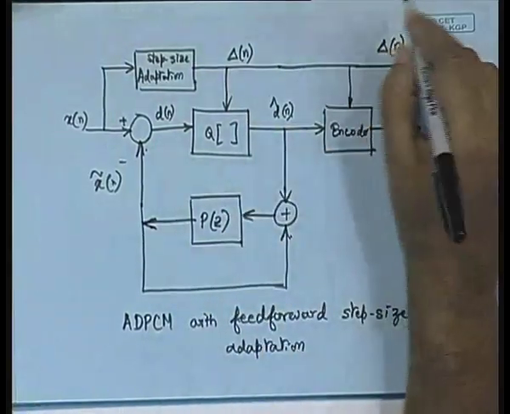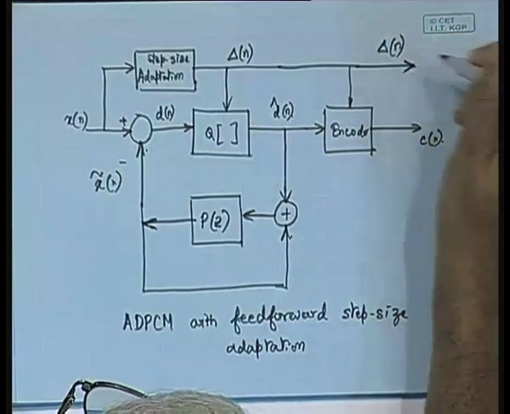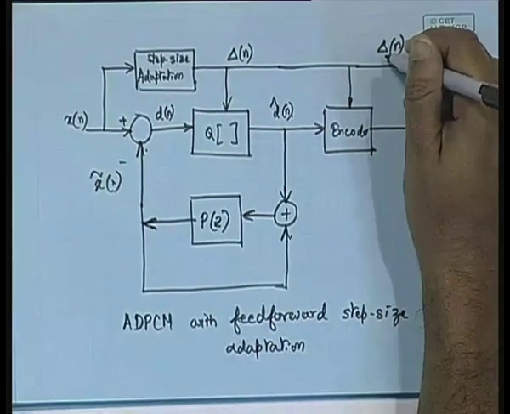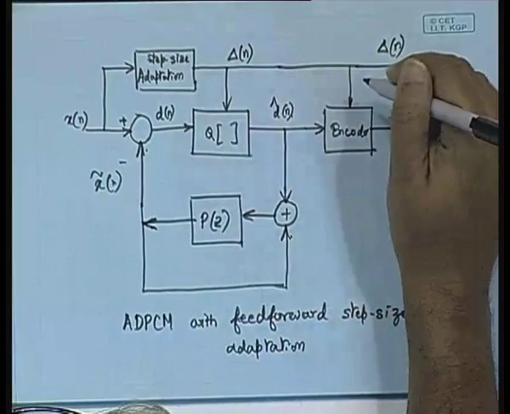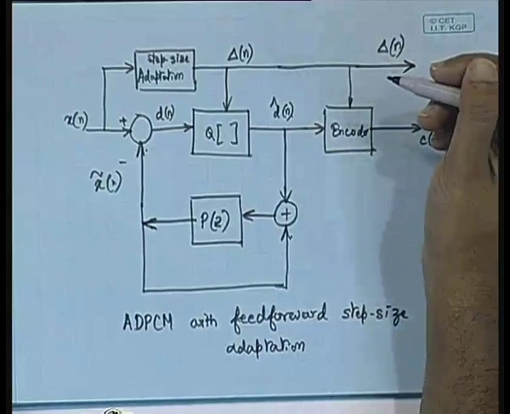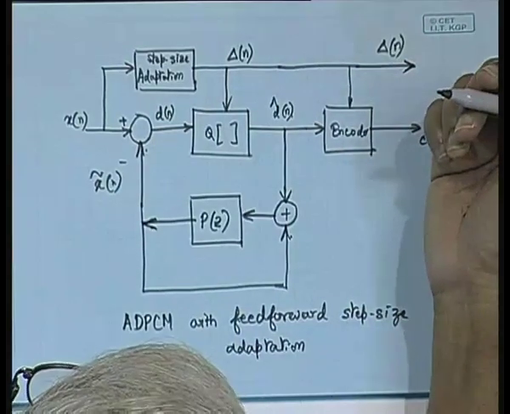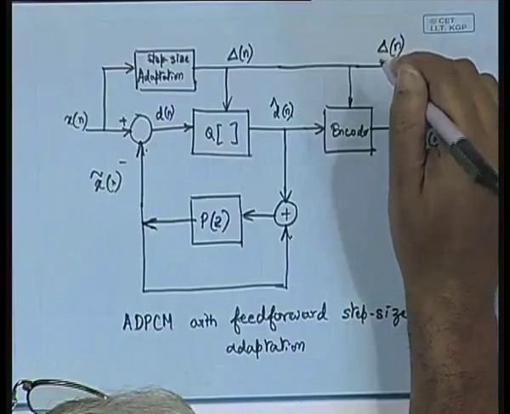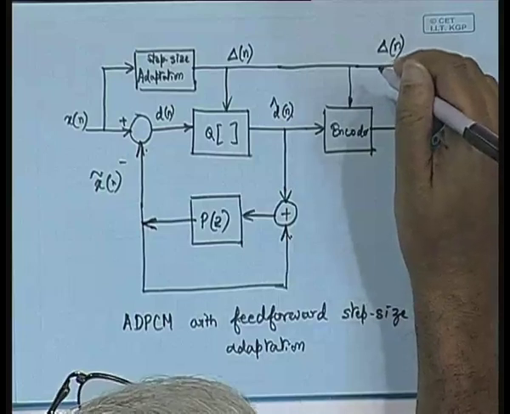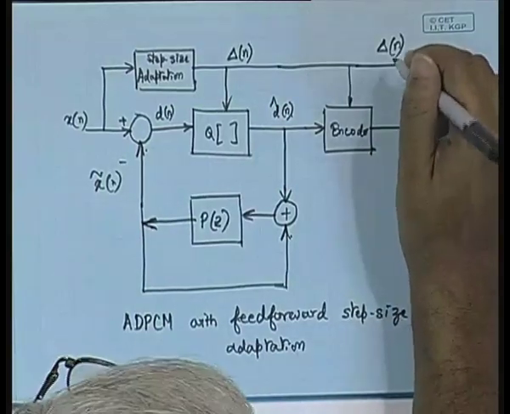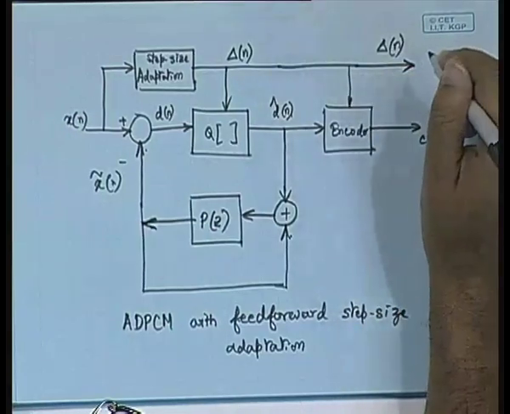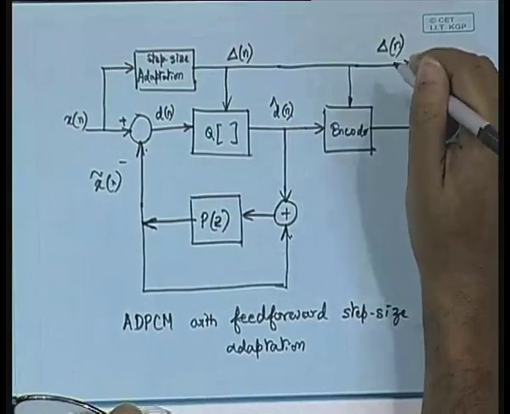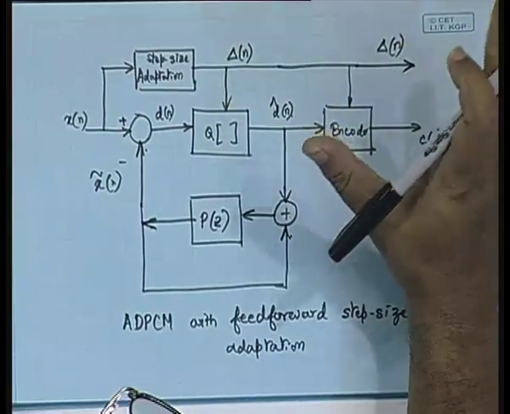So, you see that being feed forward, we are also transmitting this delta n. One can have it either as feed forward or as feedback, but with feed forward, we know the advantage is that it is less susceptible to error, right? And in order to make it less susceptible to error, whenever you are transmitting this delta n into the channel, this delta n also should be error free.